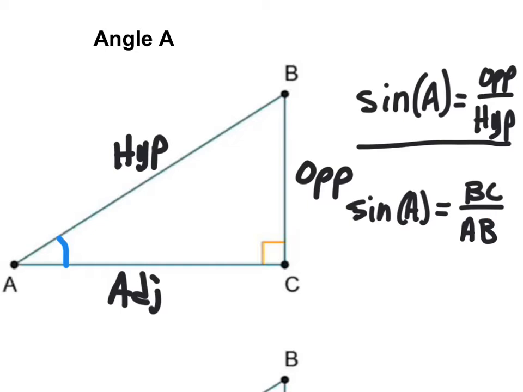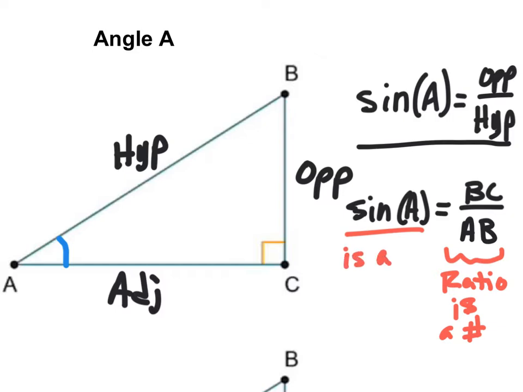So this is a ratio, a fraction, which is equal to sine of A. A ratio is a number. So when I write sine of A, I'm not multiplying anything. Sine of A is a number. We'll have a chance to look over all this, but right now I just want to go over what these are. So that's sine of A.